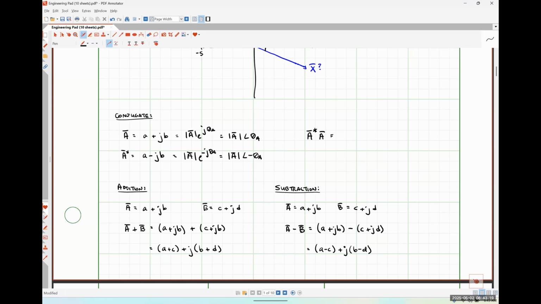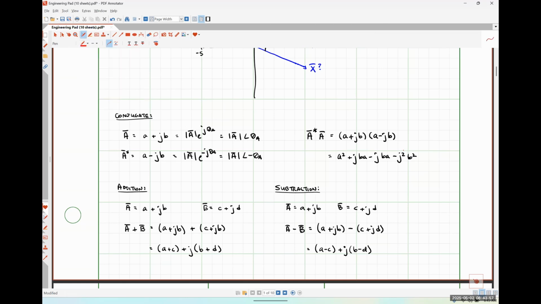That would look like a plus jb times a minus jb, which is going to look like a squared plus jba minus jba minus j squared b squared.